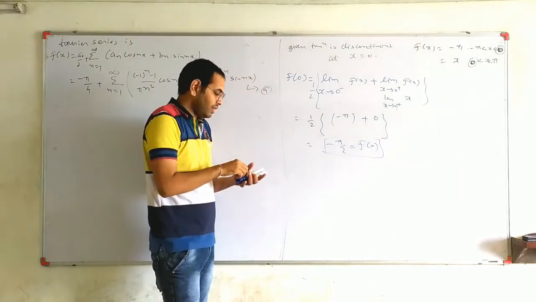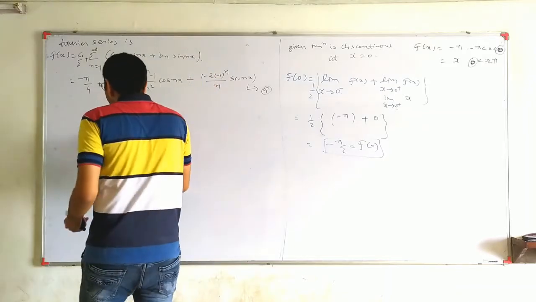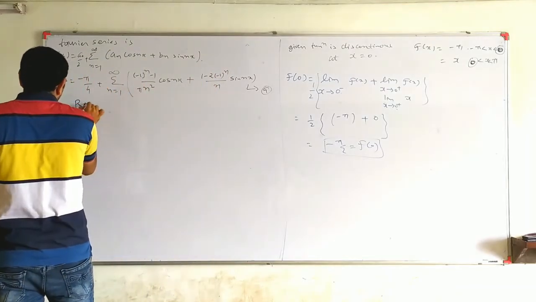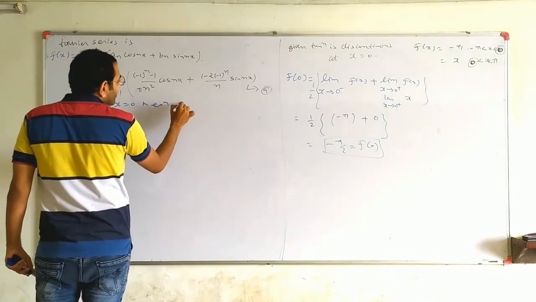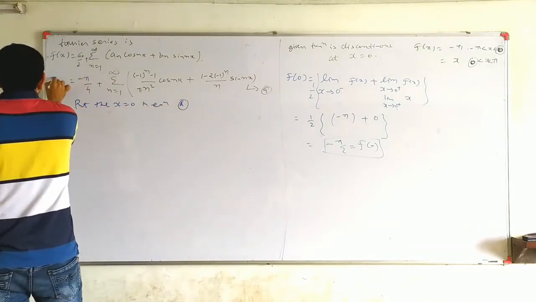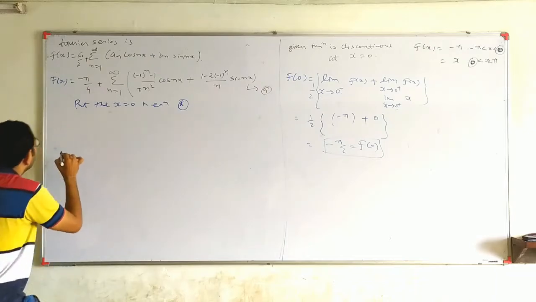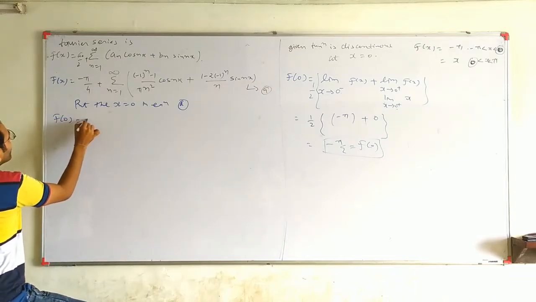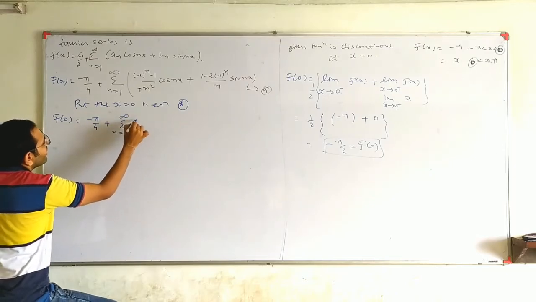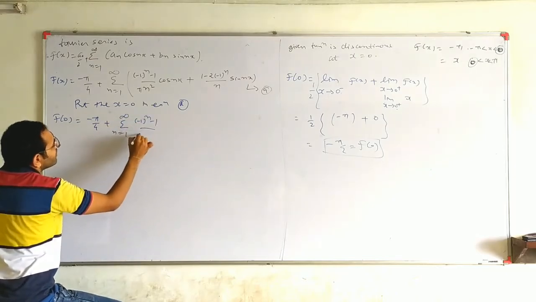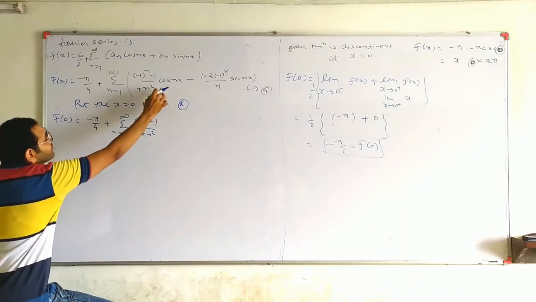Now put x equal to 0 in equation number A. Then we get f of 0 equal to minus pi by 4 plus summation n equal to 1 to infinity of minus 1 raised to n minus 1 upon pi n square.